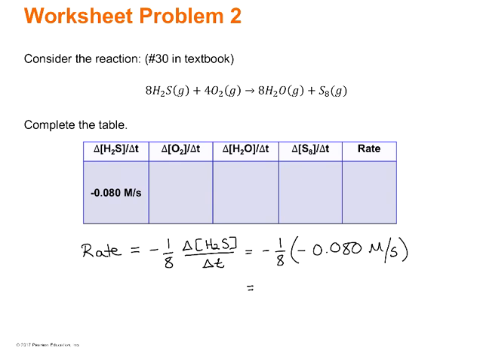So because we have two negatives here, that should give us a positive answer. And then 0.08 divided by 8 gives us 0.01 moles per liter per second. So that will be our rate of the reaction, or the average rate. All right, so now we can use that information to fill in the rest of the table.